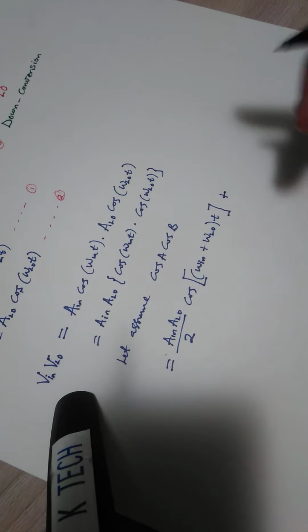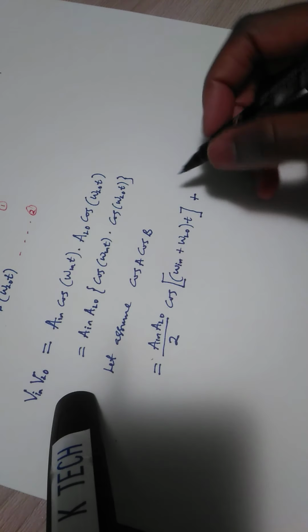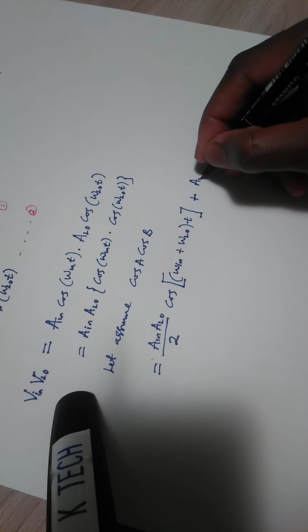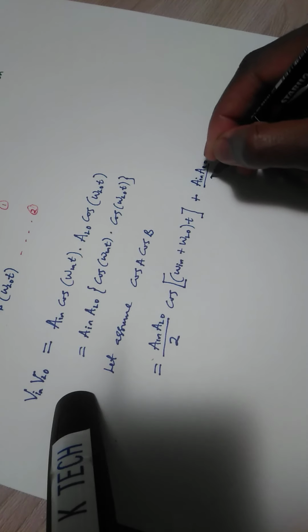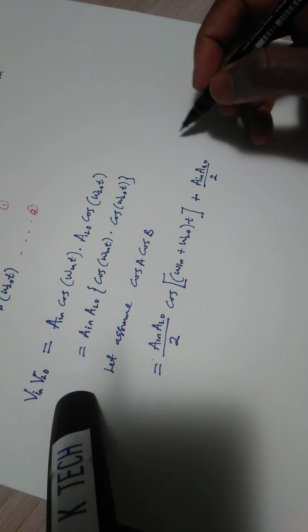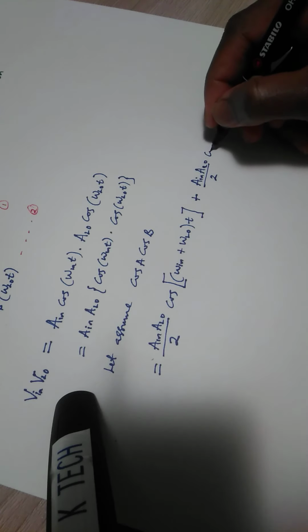So we have one part which is plus, and the second part would be A_IN A_LO over 2, the same amplitude again, and then cos.